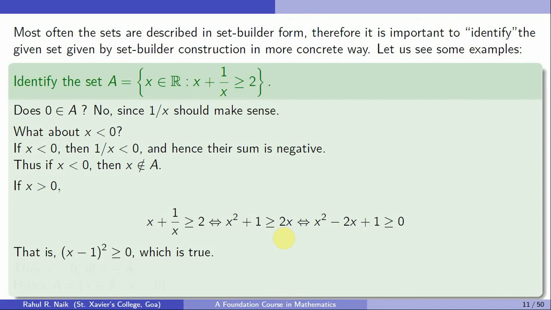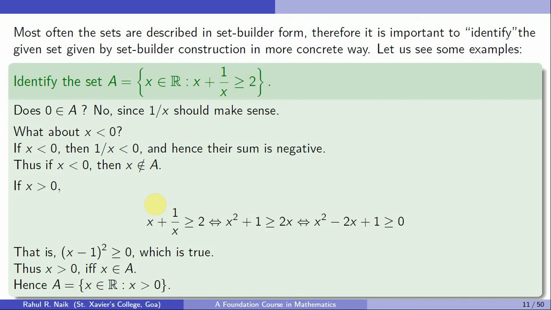That means all x greater than 0 is a part of this set A, and so we can conclude that whenever x is greater than 0, x belongs to A, and whenever x belongs to A, x is greater than 0. Therefore the set A is nothing but the set of all x belonging to R such that x is greater than 0.